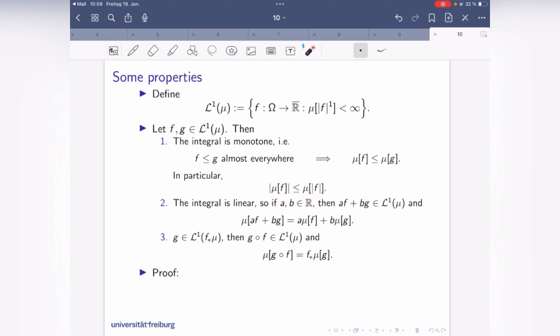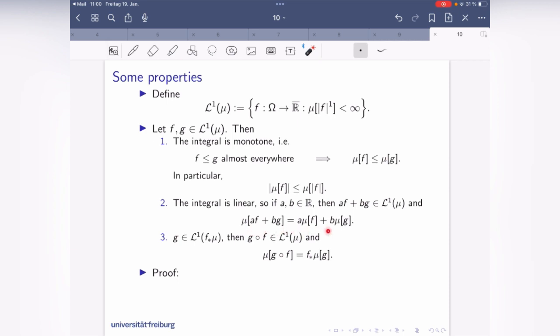So f is smaller or equal than the absolute value of f, and that means that the inequality holds without these two signs. But the same holds for minus f. Minus f is also smaller or equal than the absolute value of f. And that leads to this inequality, which is used often in some bounds.